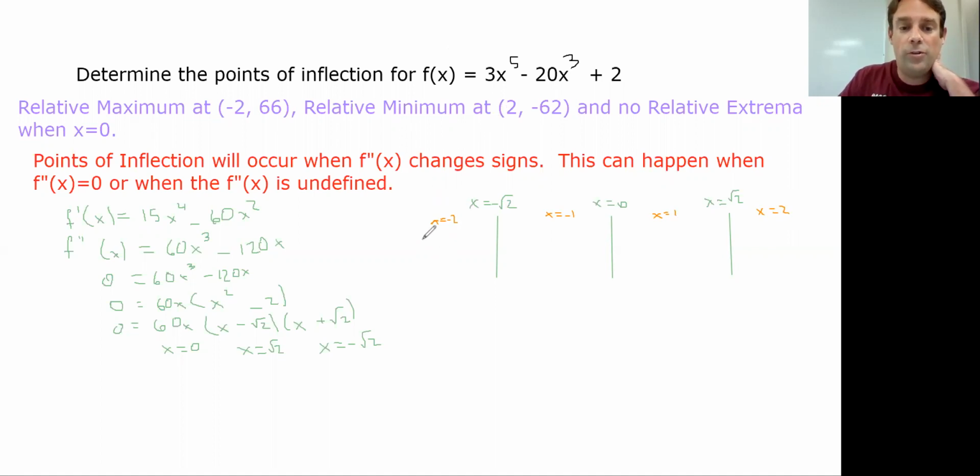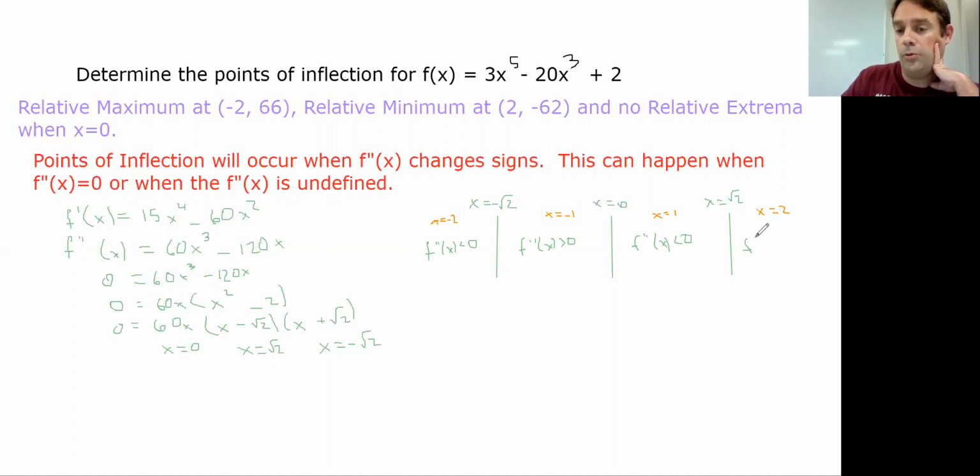So if I plug negative 2 in there, I'm going to get a negative and negative and negative. Looks like I'm going to get a second derivative that is less than 0. I plug this one in there, I'll get a second derivative that's greater than 0. Plug this one in, less than 0.